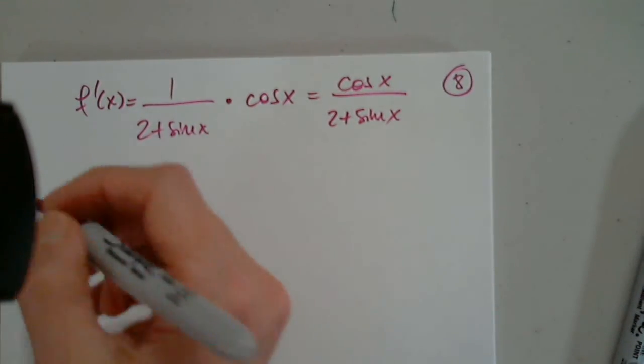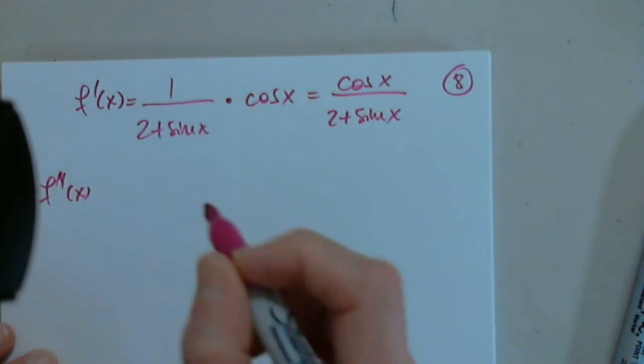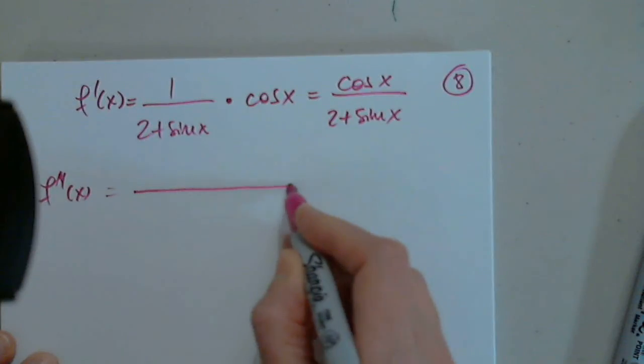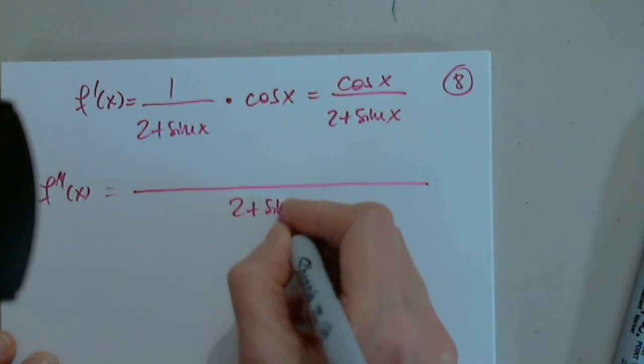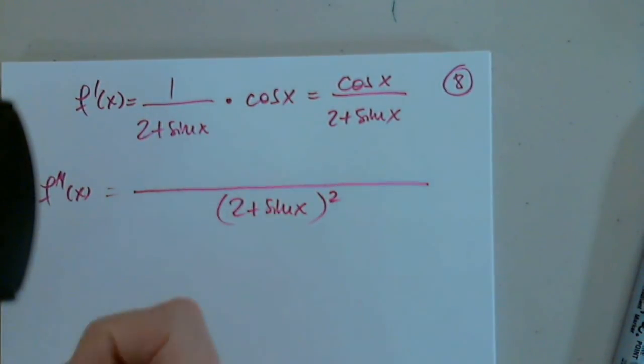So then, second derivative. I have no choice but to use the quotient rule. Anyone would like to help with this?